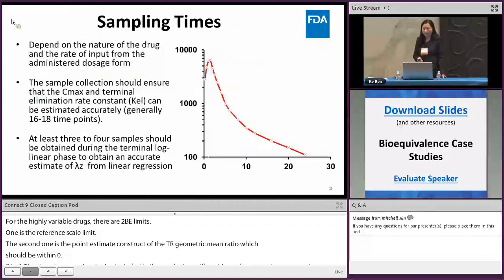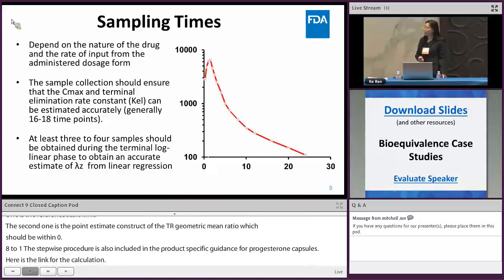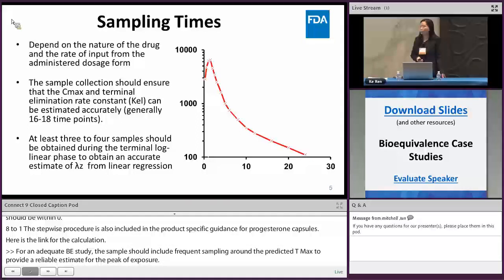For an adequate BE study, the sampling schedule should include frequent sampling around the predicted Tmax to provide a reliable estimate of the peak exposure. Particularly, the sampling schedule should be planned to avoid Cmax occurring at the first concentration-time point.